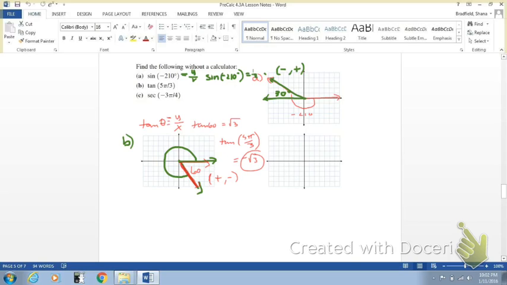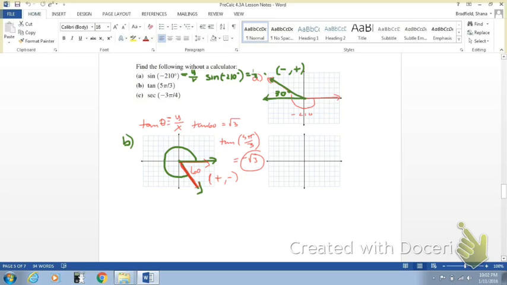And honestly, I know it says solve without using a calculator, and I've showed you how to do that with a reference angle, but I would really recommend taking your calculator and just testing that out to see what you get as your answer. And then C, I'll just go ahead and give you the answer to that.